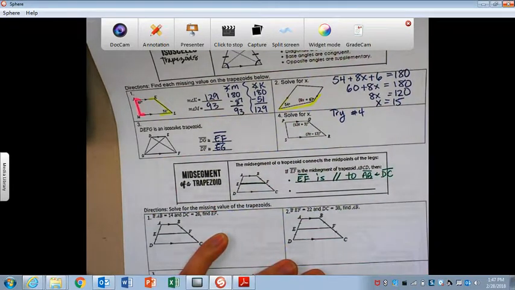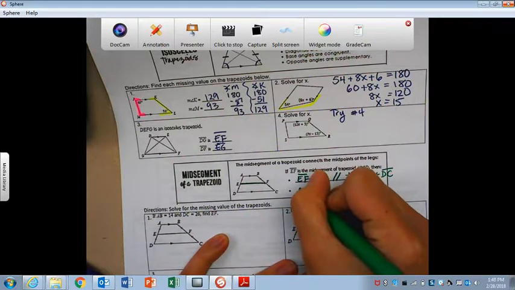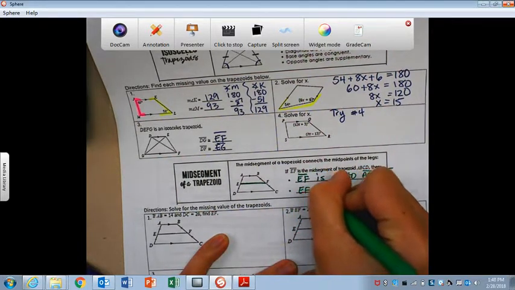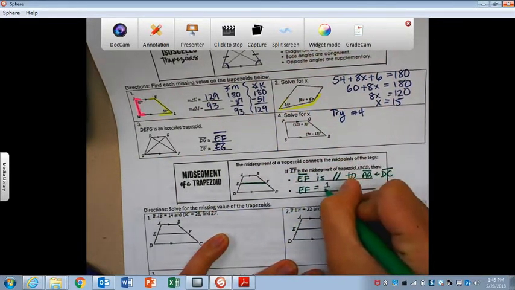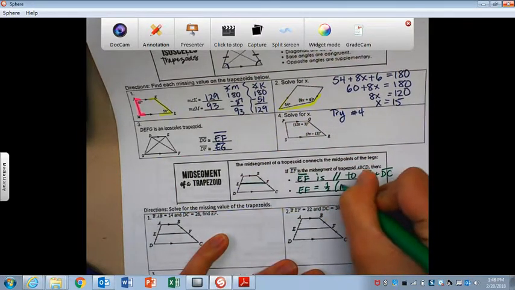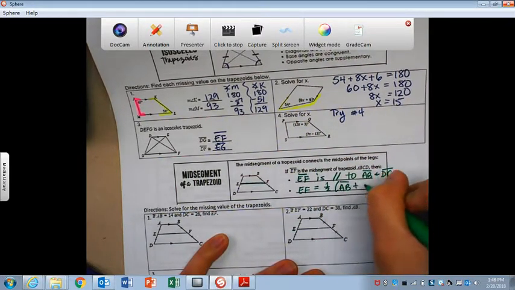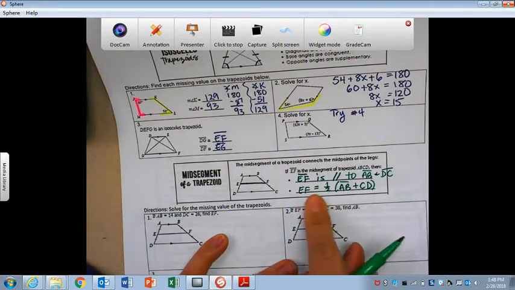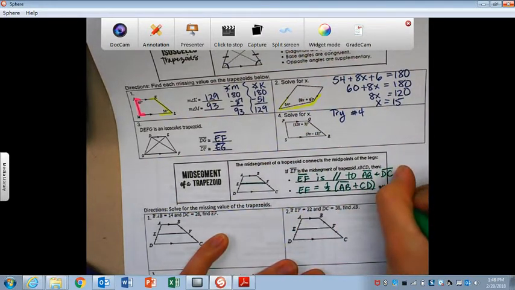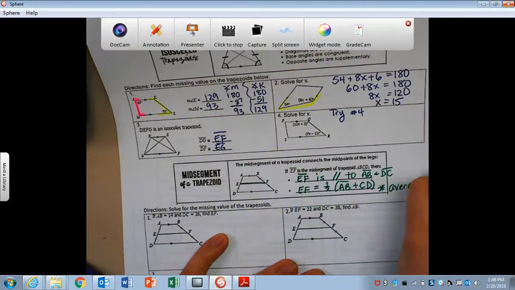Alright? Also, the way that they relate is EF, okay, is equal to half AB plus CD.